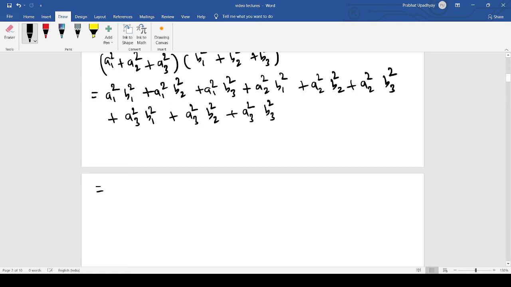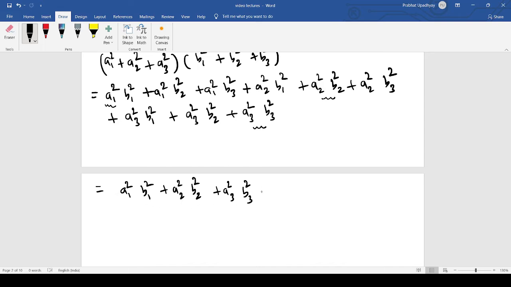Now from here again combine these terms a1² b1², a2² b2² and a3² b3². So let's combine it. I will have a1² b1² plus a2² b2² plus a3² b3². And I would like to make it a complete square.